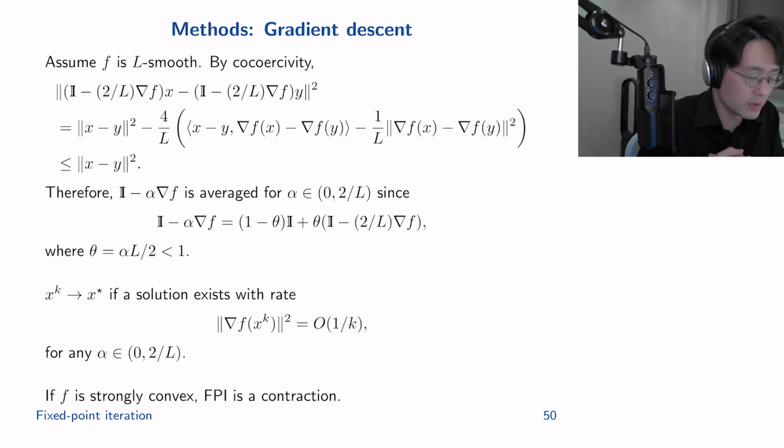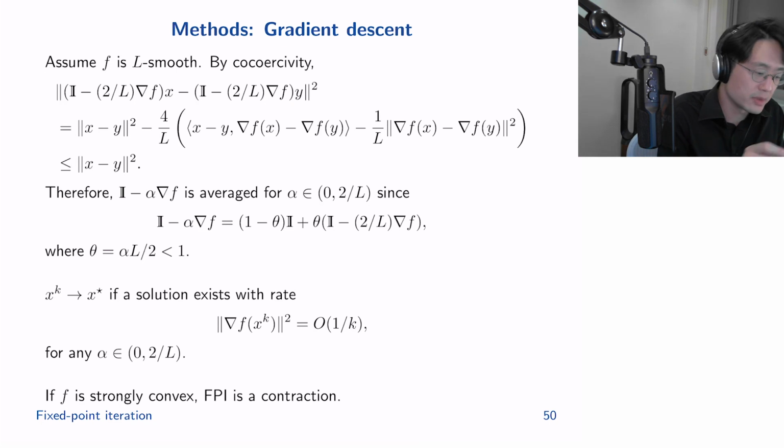Now let's further assume that the CCP function f is L smooth. Then, by coercivity, if we choose alpha to be equal to 2 over L, we want to see whether this is non-expansive. So this is x minus 2 over L grad f(x), and then we have y minus 2 over L grad f(y).